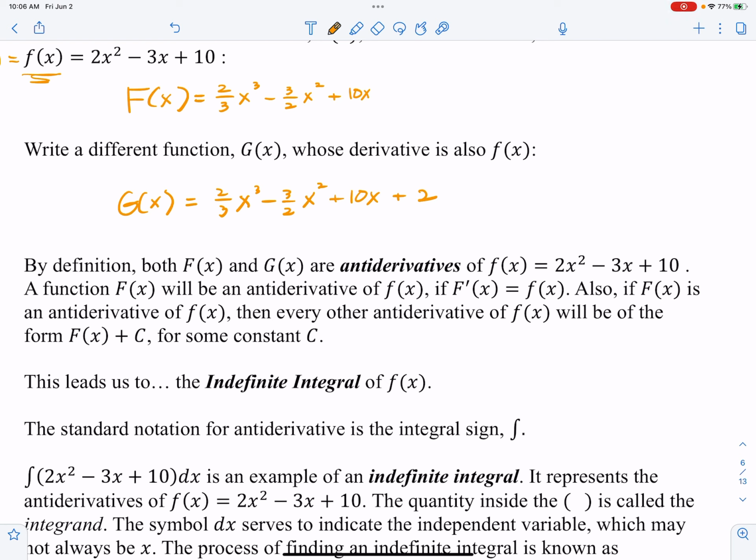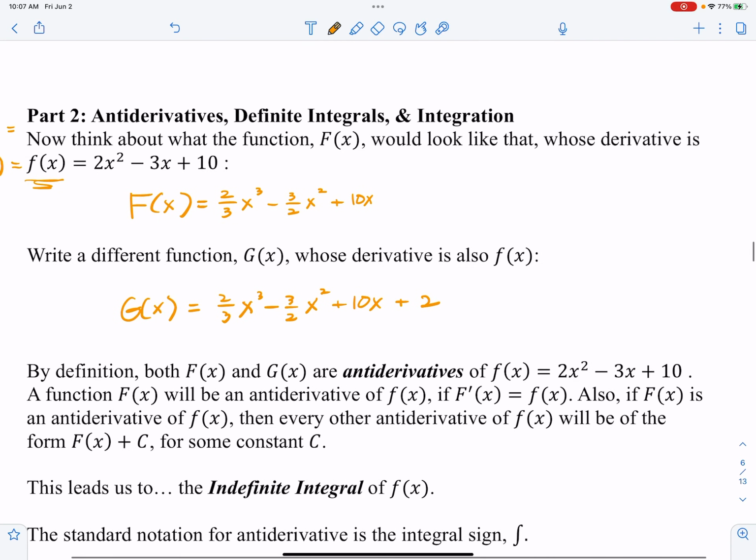So a function capital F of x will be an antiderivative of lowercase f of x if capital F prime is equal to lowercase f. Also, if capital F of x is an antiderivative of lowercase f of x, then every other antiderivative of f of x will be of the form capital F of x plus c, where c is just a constant.